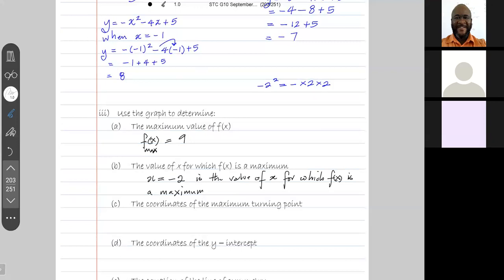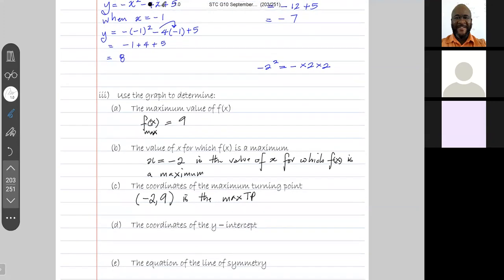Now, the vertical line through the turning point is x is equal to minus 2. The horizontal line is y is equal to 9. So minus 2, 9 is the maximum turning point.